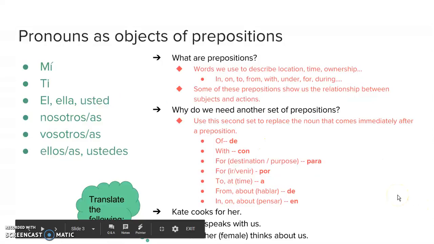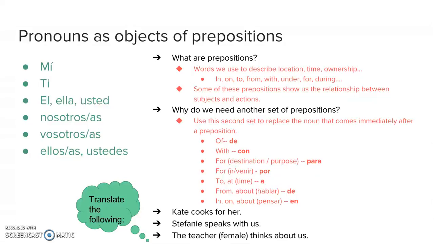So Kate cooks for her. And then we have the next sentence. Stephanie speaks with us, and the teacher, and I'm just letting you know the teacher's female, so make sure you have the gender there, thinks about us. Go ahead, pause the video. You might want to use a dictionary, and that's fine. Go ahead and translate, and we'll check the answers in a moment.